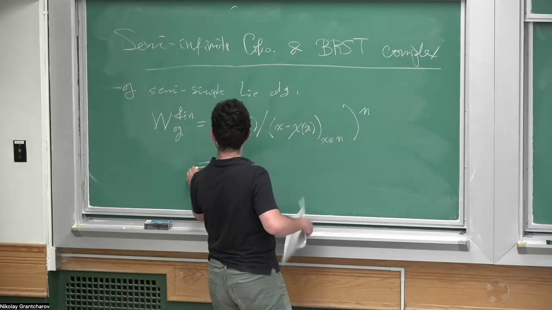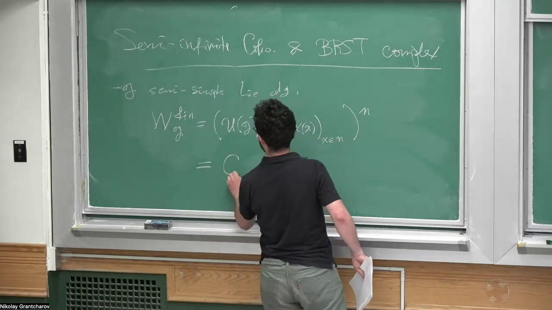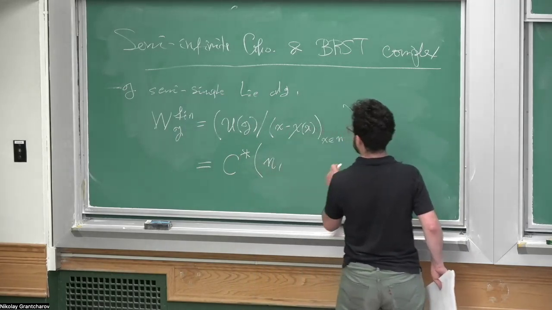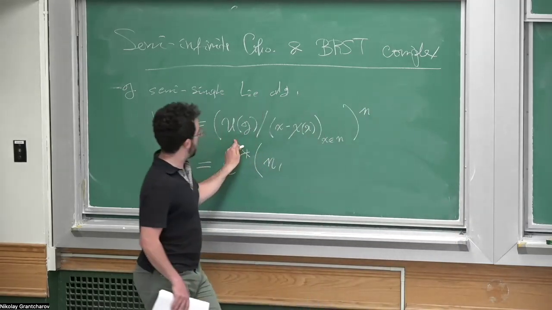Which can also be described as a T. So the fixed points we are taking for homology, and here we have a quotient.